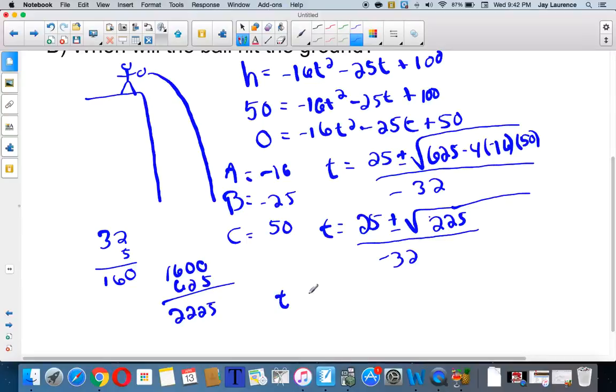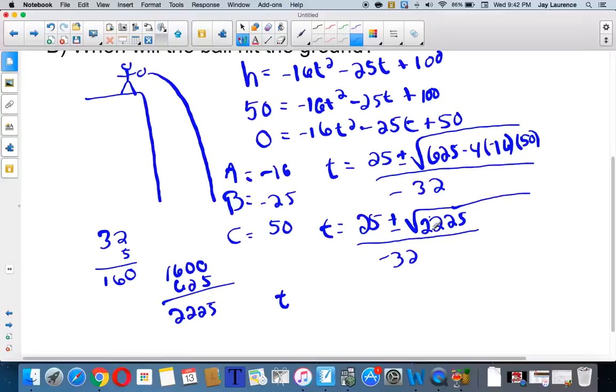So I'm going to have 25 plus the square root of 2,225. I think I wrote that down wrong in there. Sorry about that. And then I'm going to divide that all by negative 32. And I got a negative time.